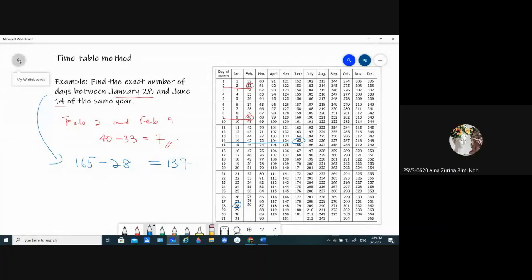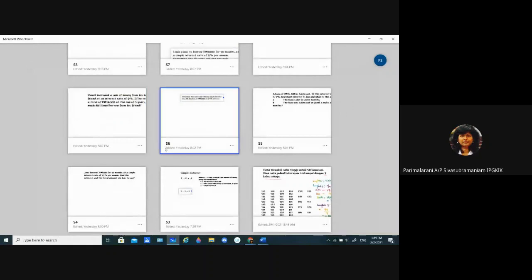Yes, madam. So, for Malaysia, which one are we using for the banking? 365, exact time. Oh, okay. Then the timetable method is for which country?